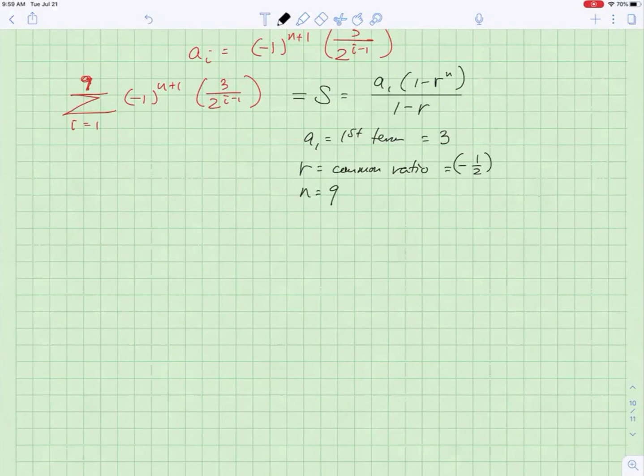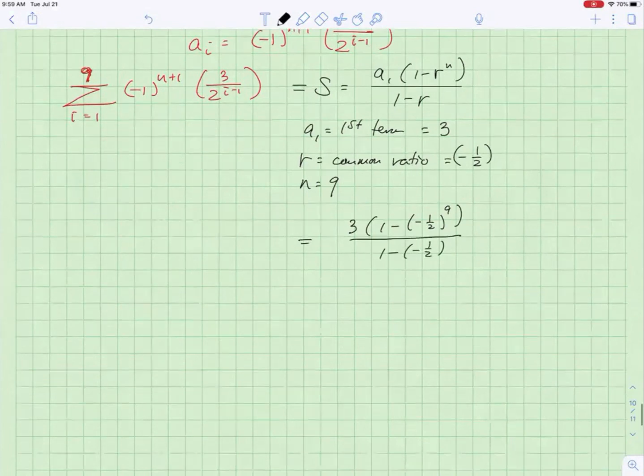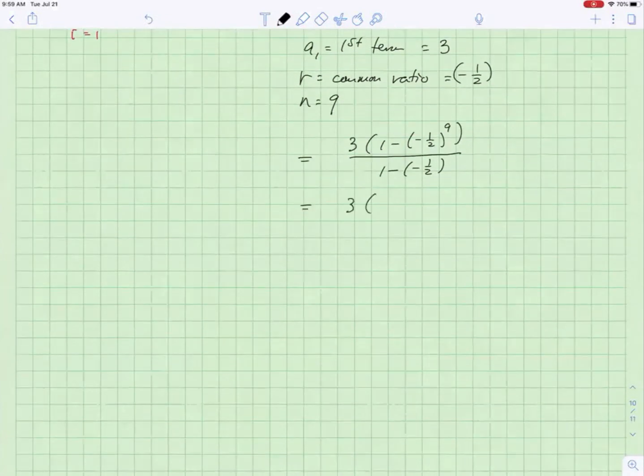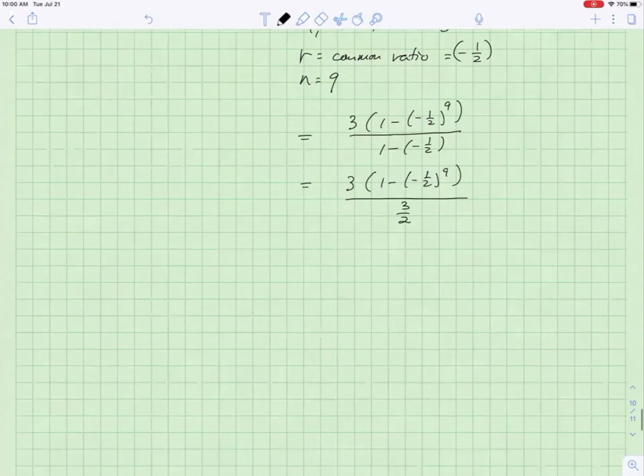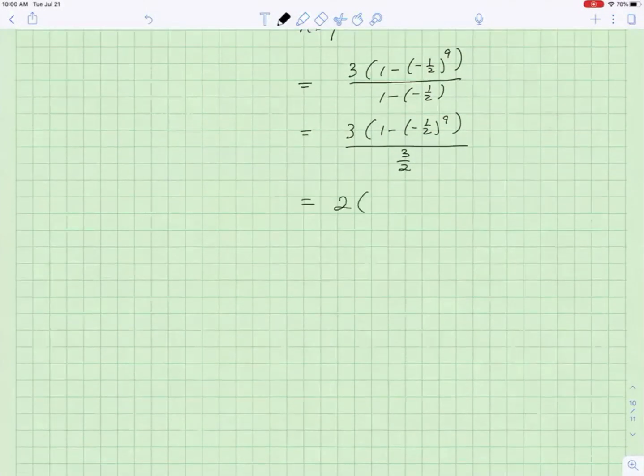And so what we have here is 3 times 1 minus negative 1/2 to the 9th divided by 1 minus negative 1/2, which is 3 times 1 minus negative 1/2 to the 9th divided by 3/2, which is 2 times 1 minus.